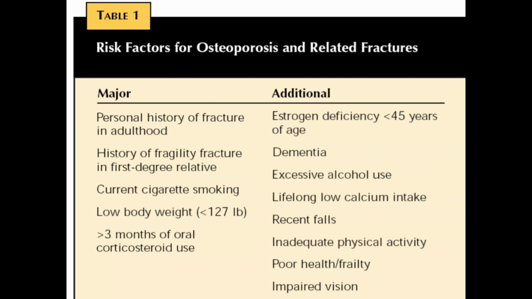Also there is dementia, excessive alcohol use, current cigarette smoking, low body weight, recent falls. So basically on the left side, these are the things that make a person get osteoporosis, like smoking cigarettes, drinking a lot of alcohol, having low body weight, also using corticosteroids.